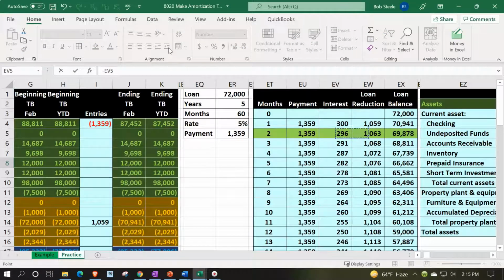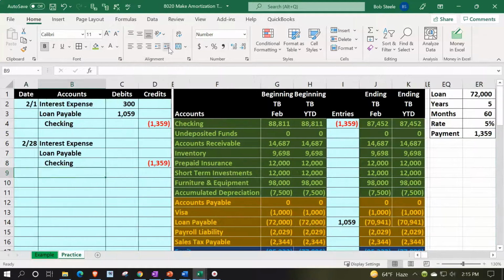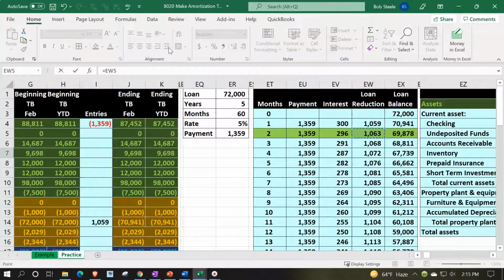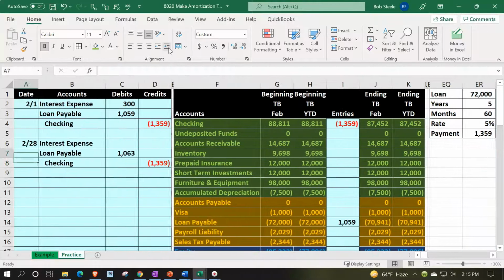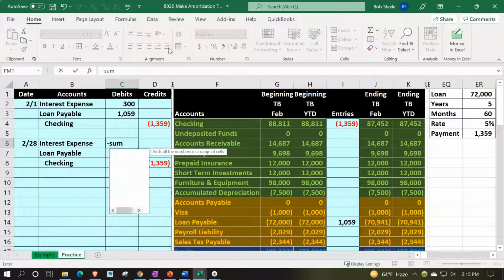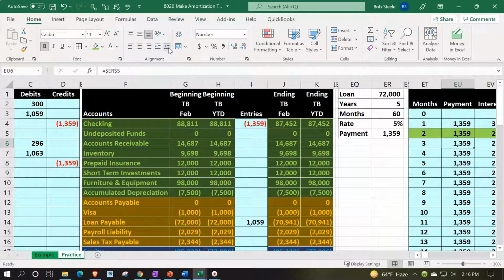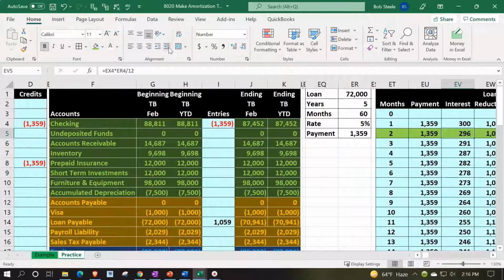That's the same. The breakout of the interest and principal is not. The loan reduction is going to be equal to the 1,063 about, and the interest will be the negative sum plug formula if you want to use the negative sum, which you can also pull from the table of about that 296.